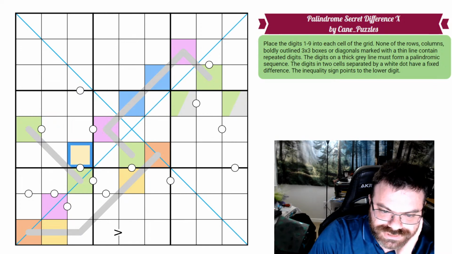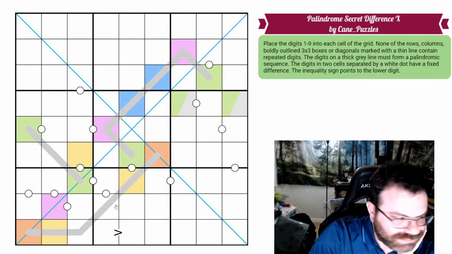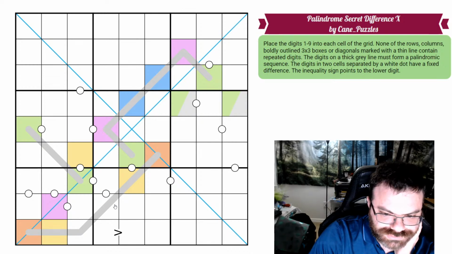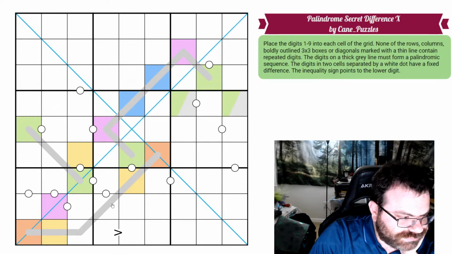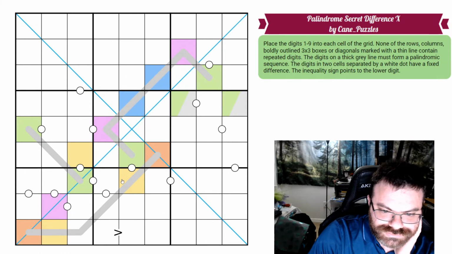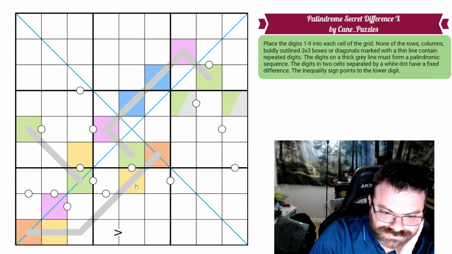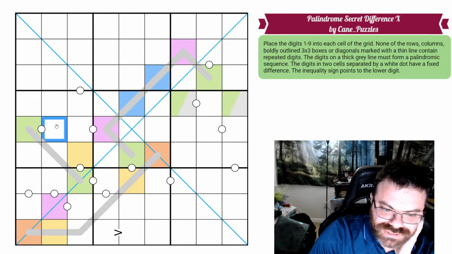So that means this one's yellow. So this is yellow or whatever this is.